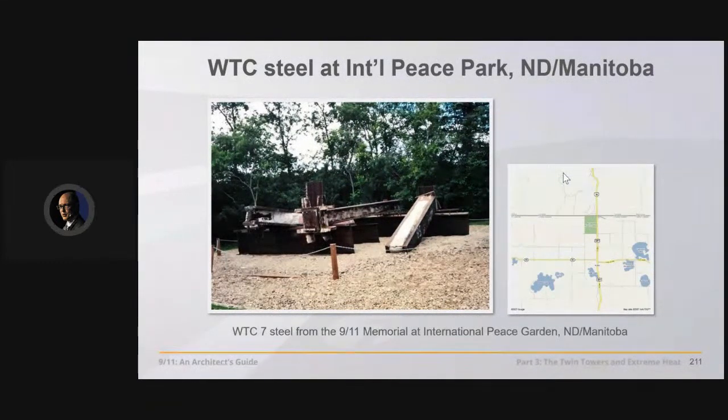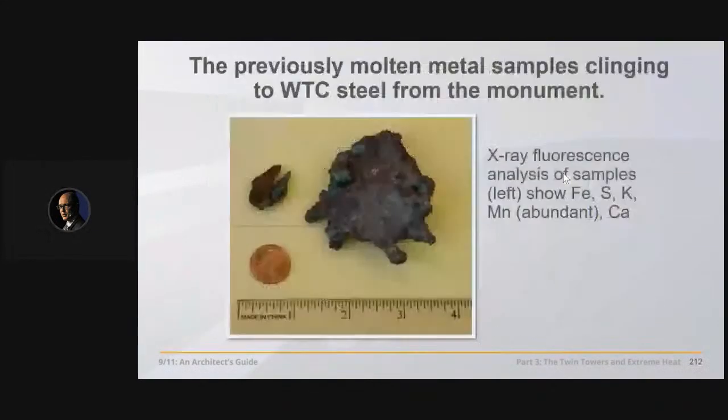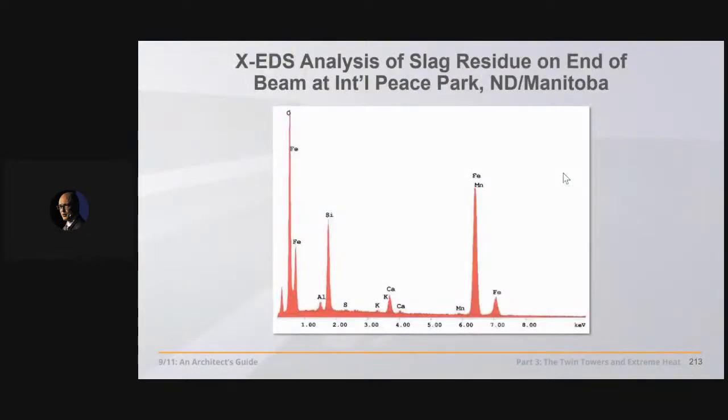So he sent another sample, the slag from the end of a beam from that sculpture in Canada. He does X-ray fluorescence analysis showing what? Iron, sulfur, potassium, manganese, carbon. What? Again, the key ingredients of a thermite fingerprint.